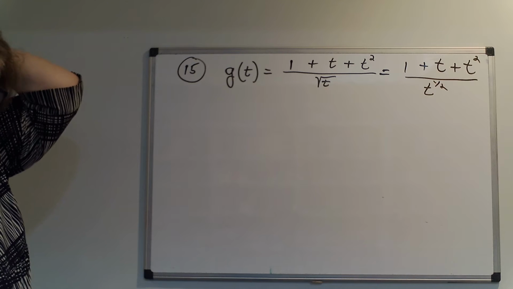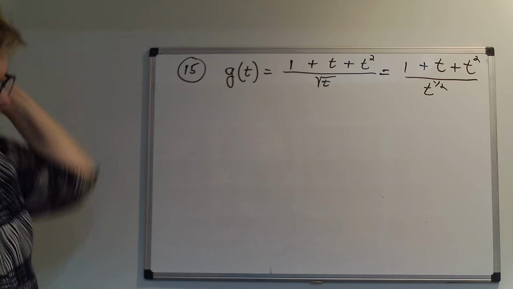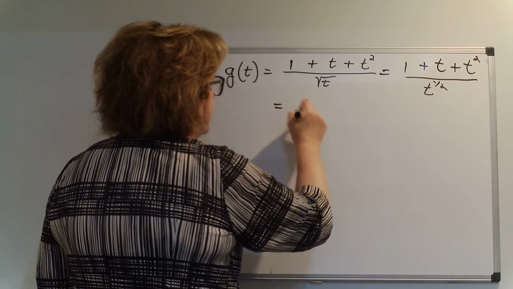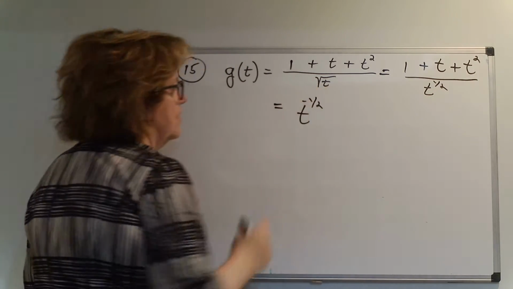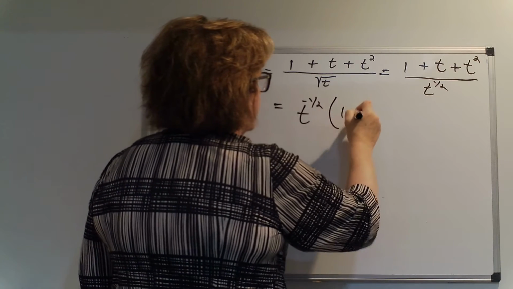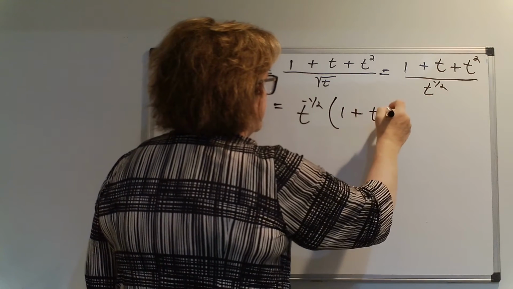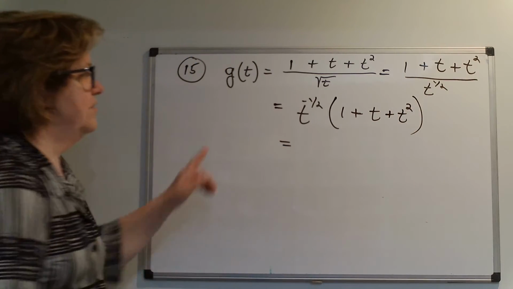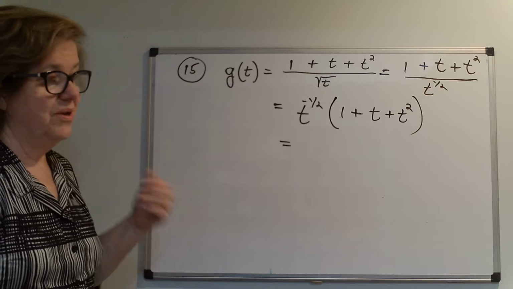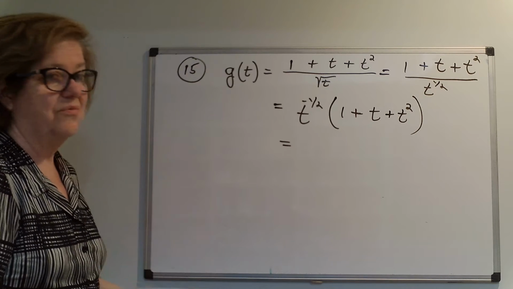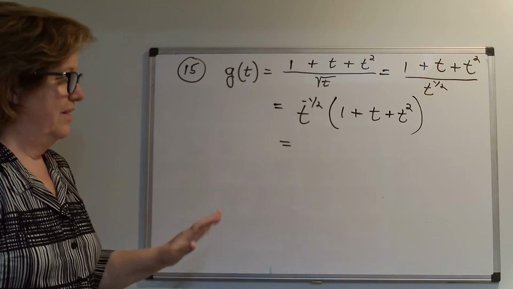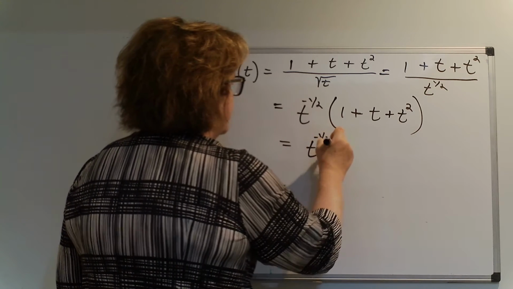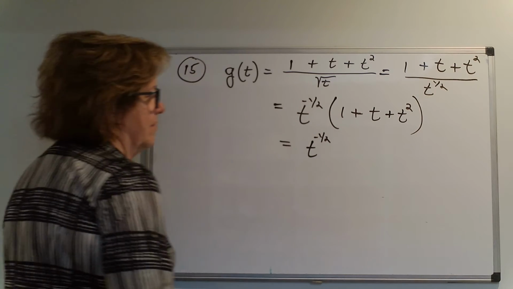Now there's two ways you can think about this. Let's think about it this way. I'm going to bring this up and write this as t to the negative 1/2 times all this stuff. Now I can distribute. We're not going to invert the product rule either. T to the negative 1/2 times 1 would just be t to the negative 1/2.